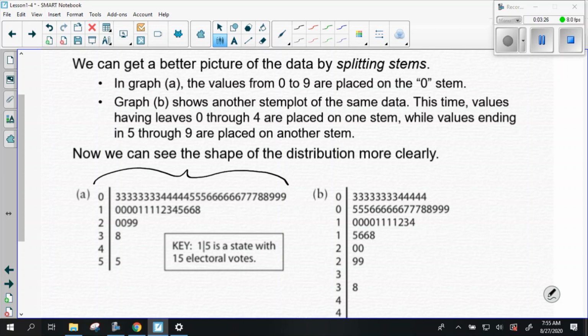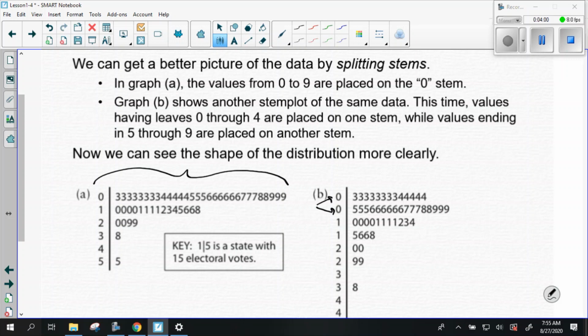If we split that into 2 different stems, the data becomes a little more compressed and easy to look at. The whole point of making a stem plot is that we have a really nice way to see the shape of a distribution. We can look at the data fairly clearly with a stem plot.